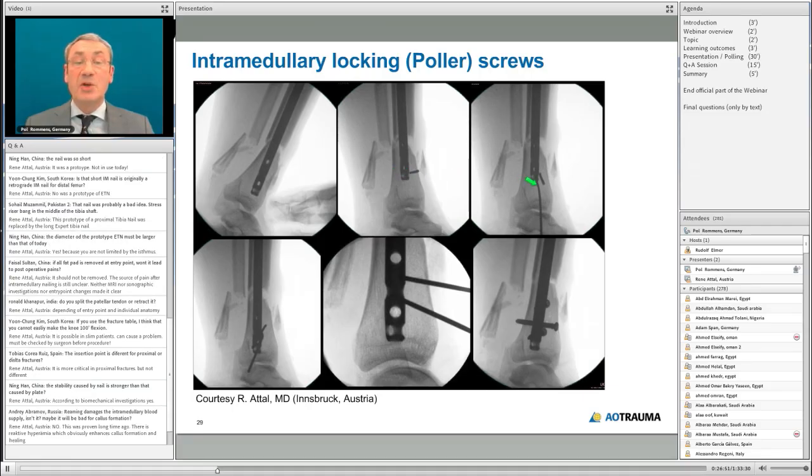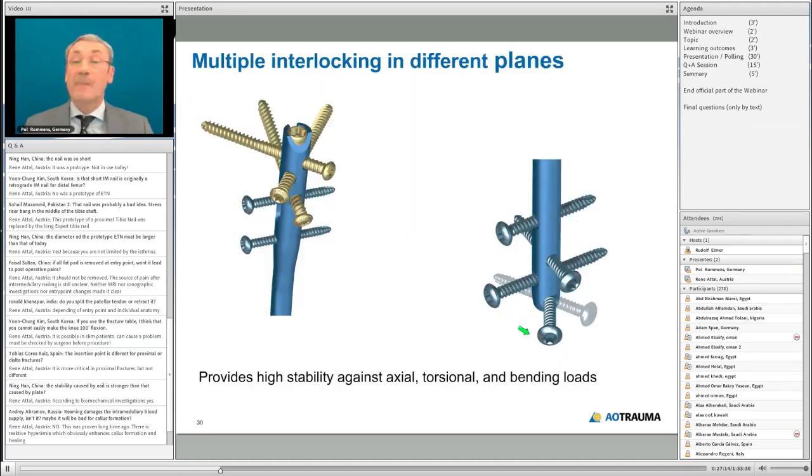A second Kirschner wire is placed below the first one, and at the end, the tip of the tibia nail is coming in an ideal position in the center of the distal block. After that, the nail can be interlocked and the Kirschner wires can be removed.